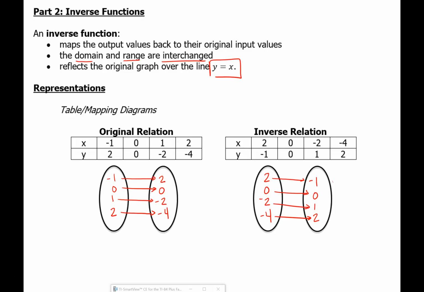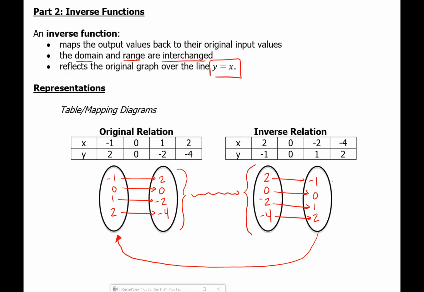Did you notice as you were writing that the range of the original function got moved over to be the domain of the inverse relation, and that the output values over here, the range, were exactly the same thing that we started with as our x values in the original relation?